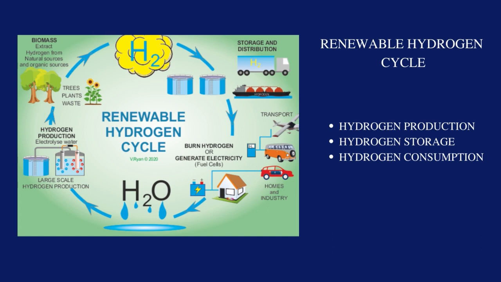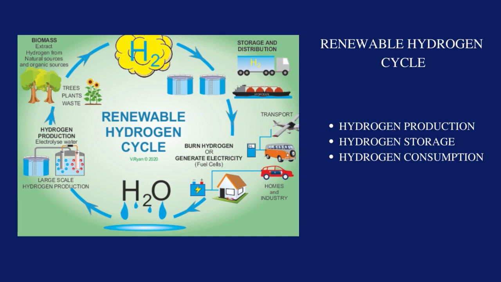The production of hydrogen can be done through a variety of sources including natural gas, coal, biomass, and water. For storage, hydrogen is typically stored as a compressed gas or a liquid, or it can be stored in solid form using materials like metal hydrides or carbon nanotubes.